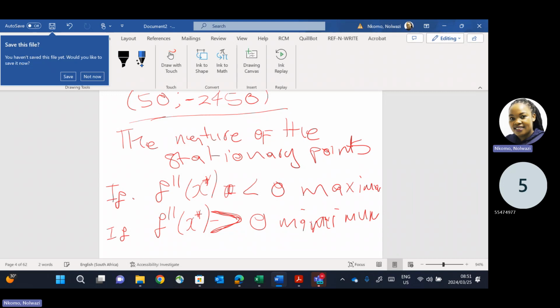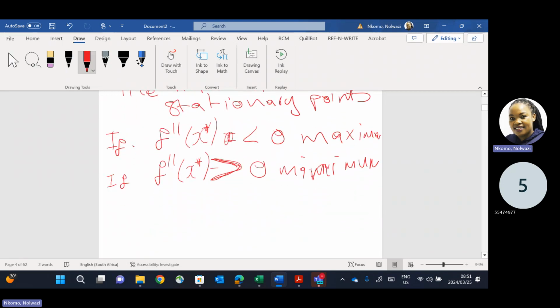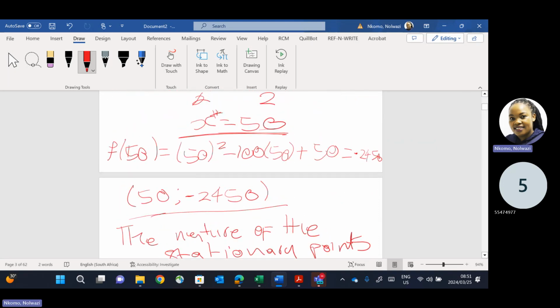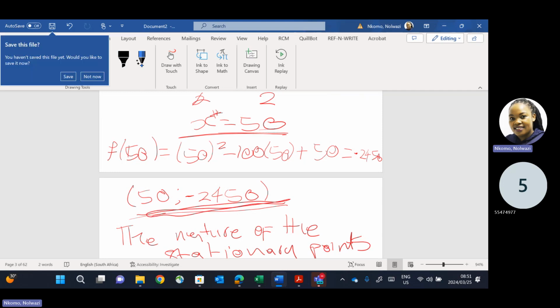Okay, let's go back to our example. This is the point that we obtained. The next step is to determine whether this point is the minimum point or the maximum point.